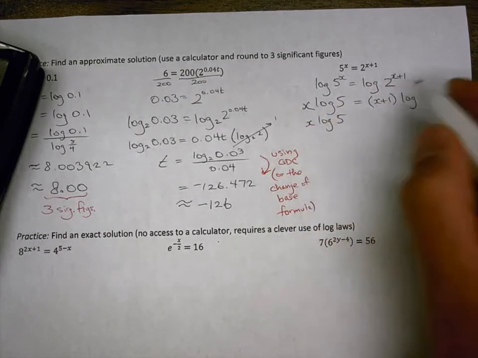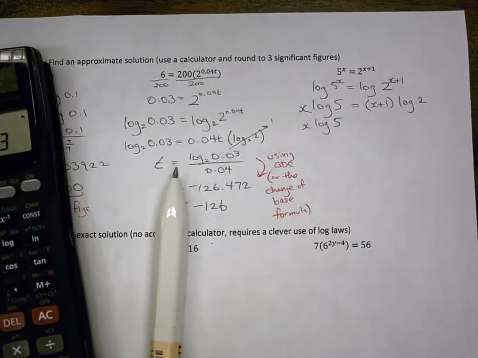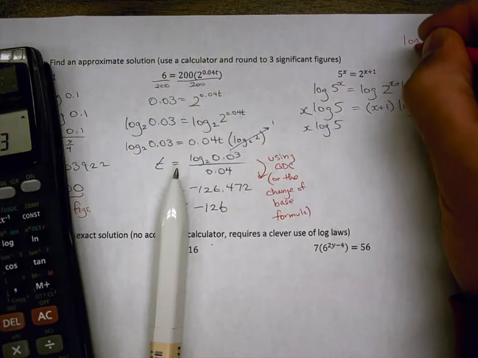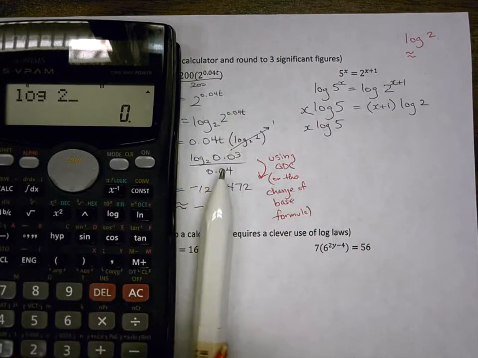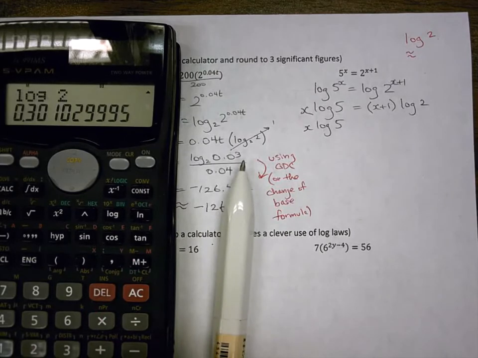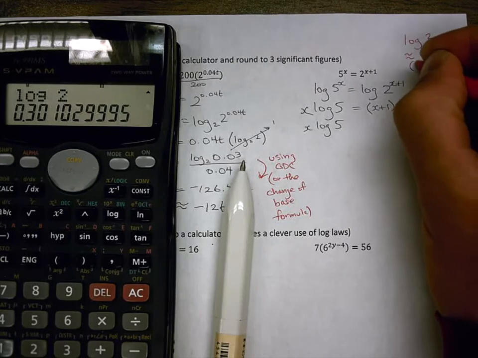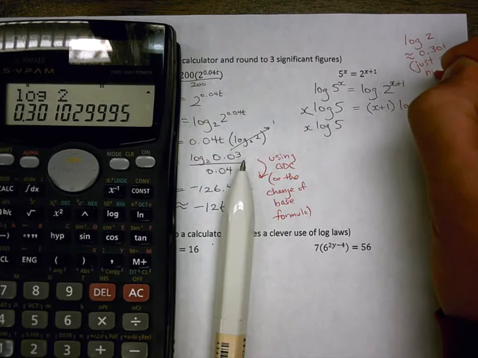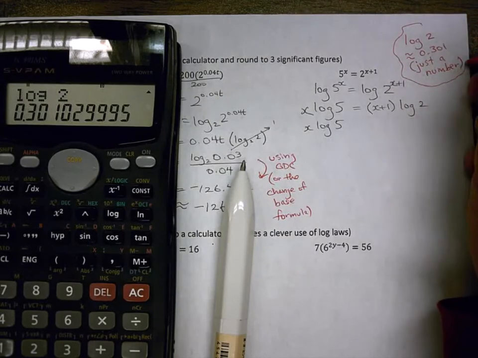What's going on here? Well, remember, log 2 is just a number, and I'm going to write that up here. Log 2 is approximately 0.301. It's just a number. You go to the top of the roof and you could say, hey, what's log 2? And someone's going to shout it back to you.